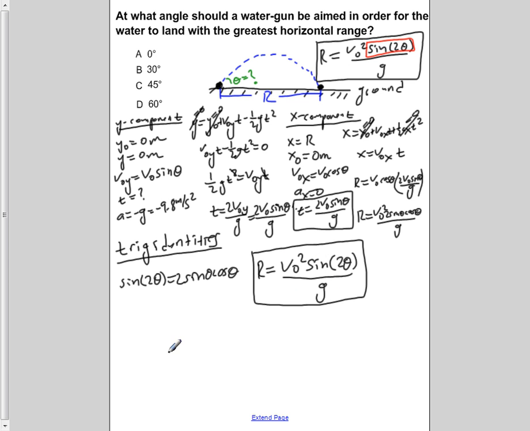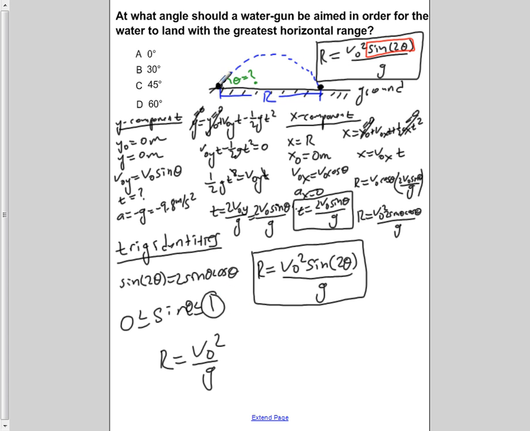So we want to make sine of 2 theta as great as possible, because v naught squared and g are constant. They're not changing. So we want to know when we can make this the greatest possible value of the sine. We know sine ranges between 0 and 1, so we want to know at what angle will make our value equal to 1.